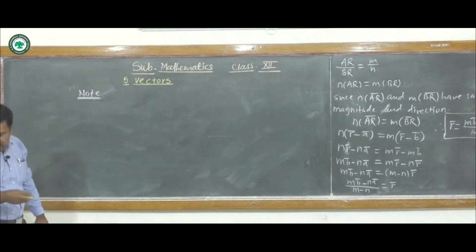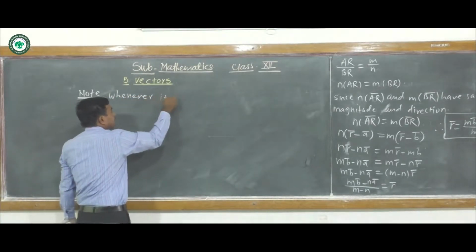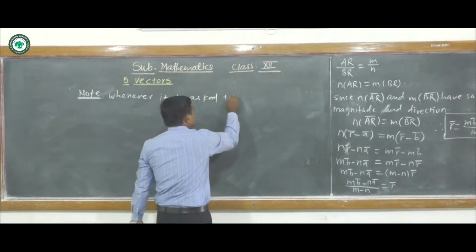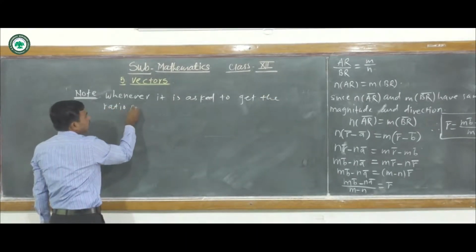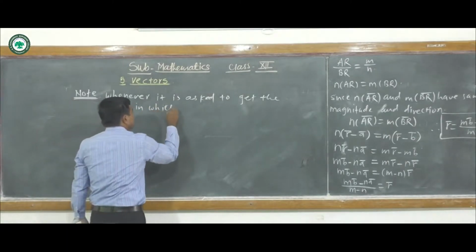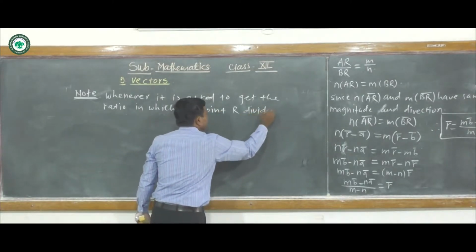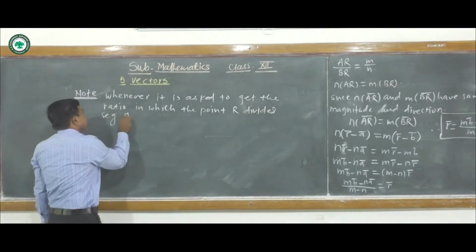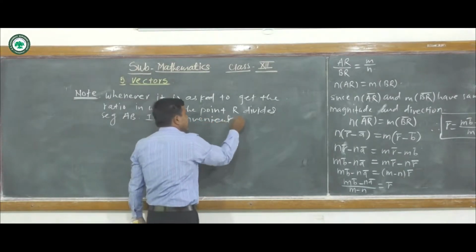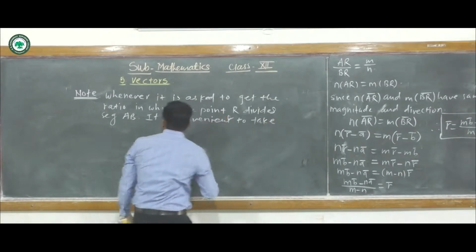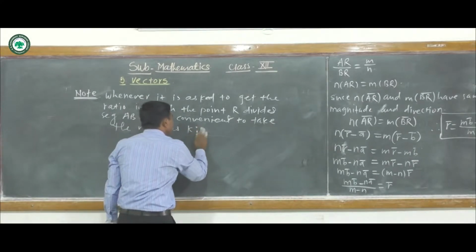Whenever it is asked to get the ratio in which the point R divides segment AB, it is convenient to take the ratio as k as to 1.